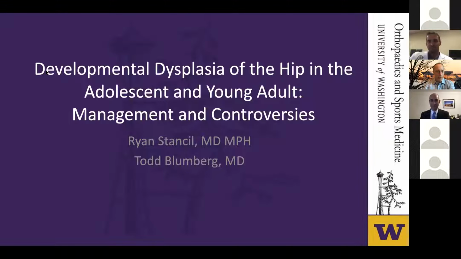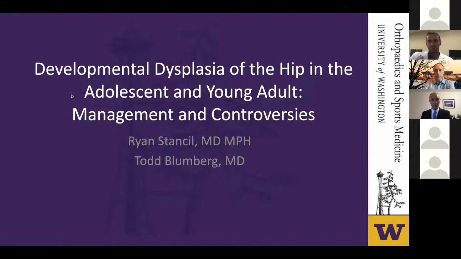This morning, I have the pleasure of introducing Dr. Todd Blumberg, assistant professor of orthopedics here at University of Washington, and a faculty member with me at Seattle Children's Hospital, and also one of our esteemed fourth-year residents, Dr. Ryan Stancil. Today, they will be presenting developmental dysplasia of the hip in the adolescent and young adult. I think it's a talk that has a little bit of something for everyone.